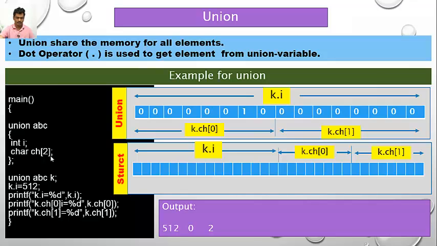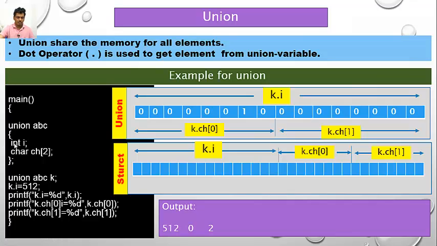The whole structure of a union is similar to the structure definition, but it shares the memory. The elements share the memory. In a structure, memory is not shared; each and every element of a structure requires individual memory, but all elements of a union share the same memory.